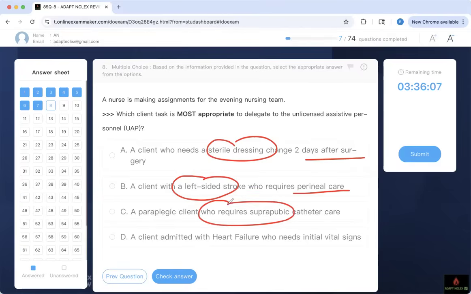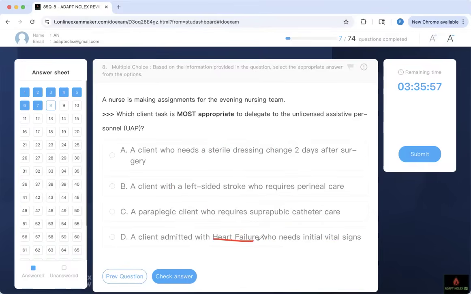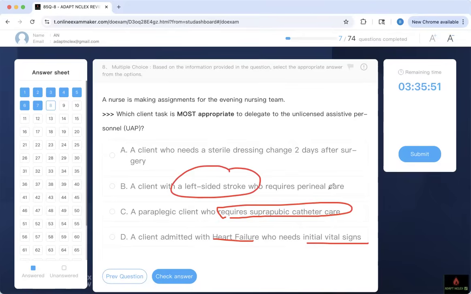Client has suprapubic catheter care. We need to provide care for the suprapubic catheter. Patient with heart failure who needs initial vitals. That's all. Heart failure, initial vitals. You have a suprapubic catheter, I need to care for it. Left-sided stroke, I need to provide perineal care. And I need a sterile dressing change after 2 days of surgery.